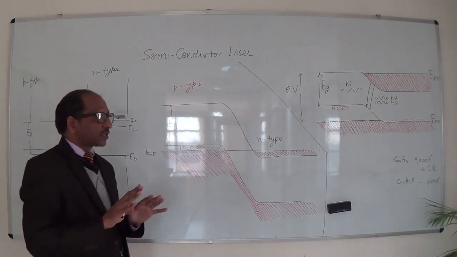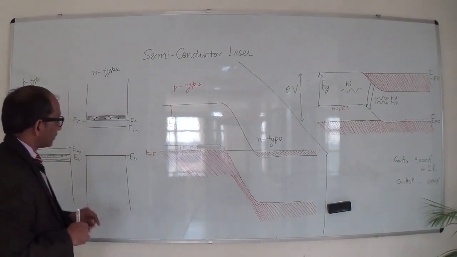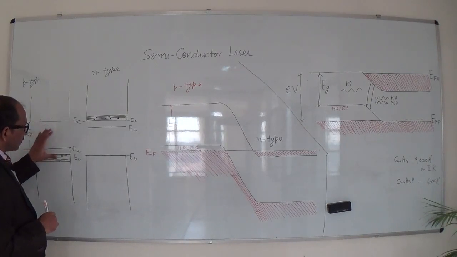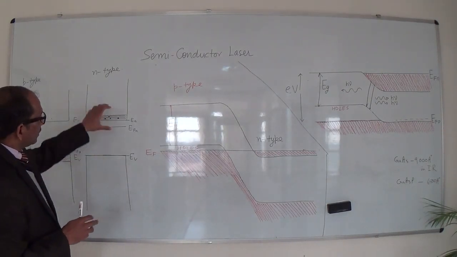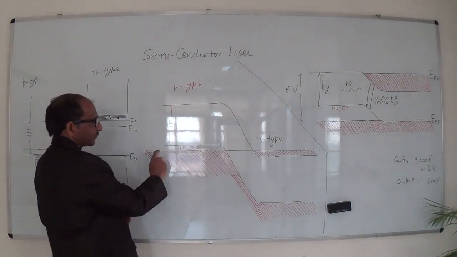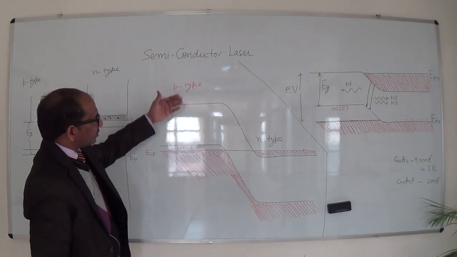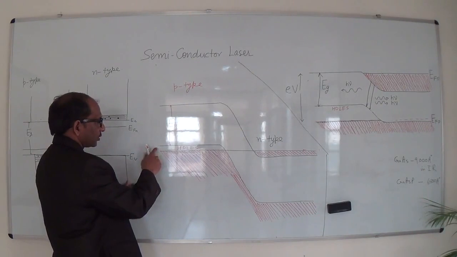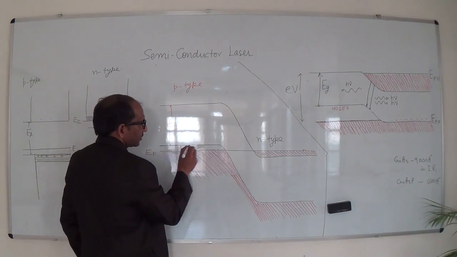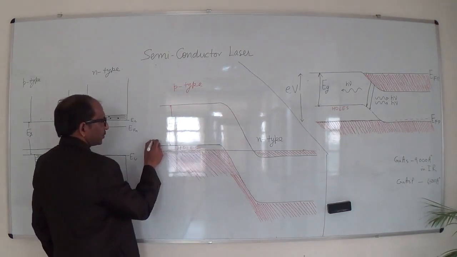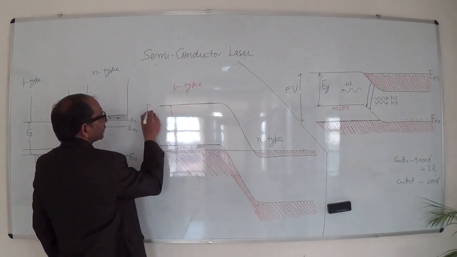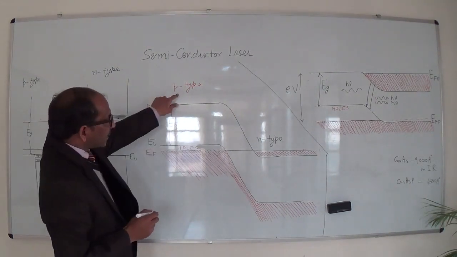When the equilibrium condition comes, the Fermi energy levels in the p-type and n-type semiconductor become uniform, like this. This is our p-type semiconductor. This is the top of the valence band, this is the valence band. This is the bottom of the conduction band, this is the conduction band in p-type semiconductor.